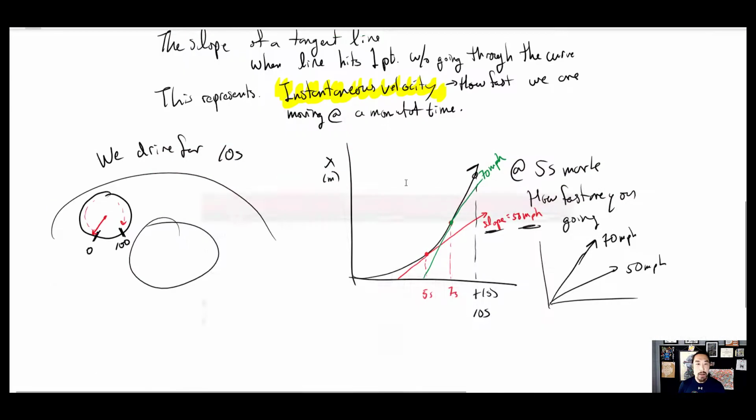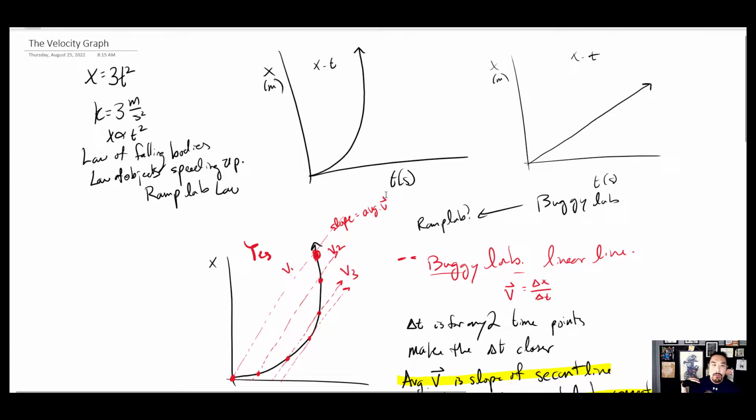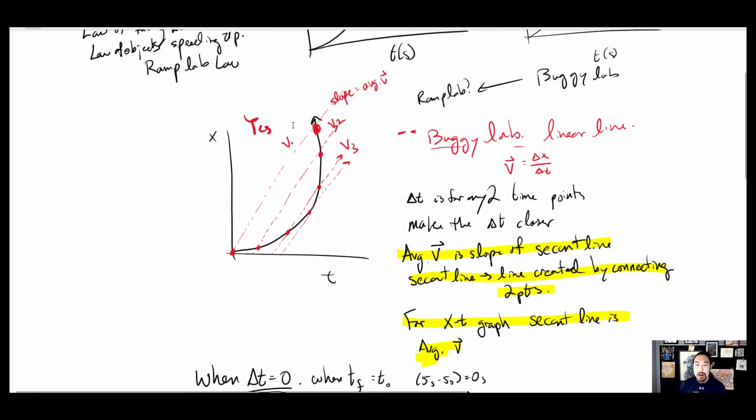Let's do a quick little recap. So for the velocity graph, we went with the law of falling bodies, aka the law of objects speeding up, aka the ramp law, and we saw a graph that was parabolic in shape. And from there, we tried to put the buggy lab on top of the ramp lab, and we saw that if we just connect the 2 points from there, ta-da, that is the buggy lab.